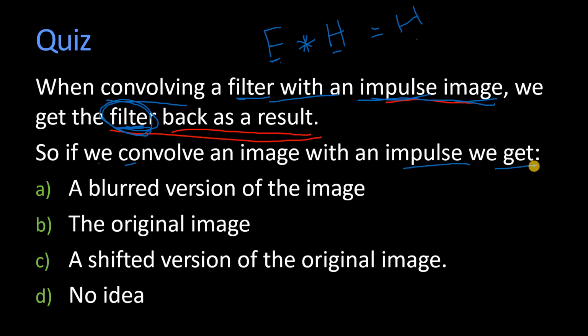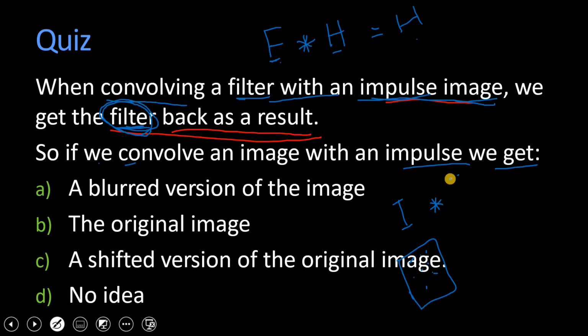Now the question is this: if you convolve an image with an impulse, what will you get? On one side you have an image, some big image, and you convolve it with an impulse.